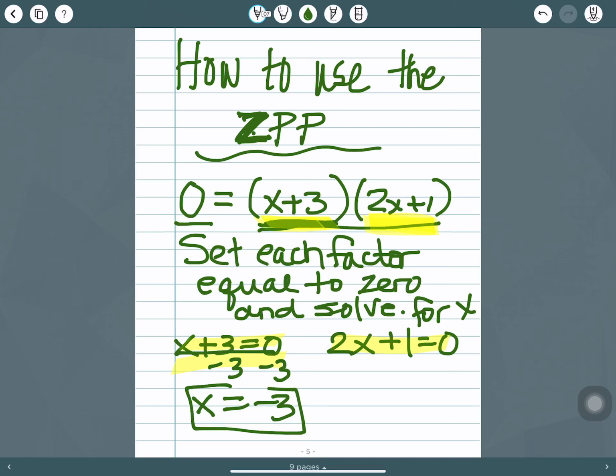So that is one solution to the equation. So then here, you're going to subtract 1 from each side. 2x equals negative 1. Divide both sides by 2. And the other is x equals negative 1/2. So we have two solutions for this quadratic equation.